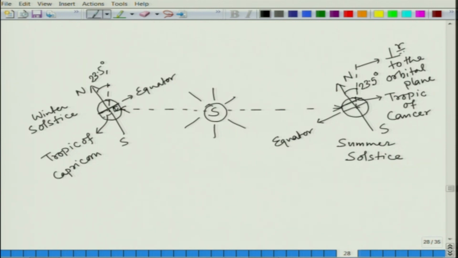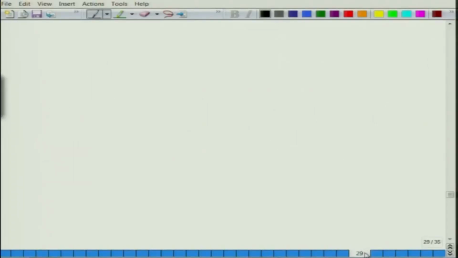So, what we get here is that due to this tilting of the earth's rotation axis with the orbital plane of its revolution, we get two extreme limits, one in the northern hemisphere and another in the southern hemisphere, beyond which the sun never radiates normally. If we look at this closely, let us say this is our earth, and this is our equator.